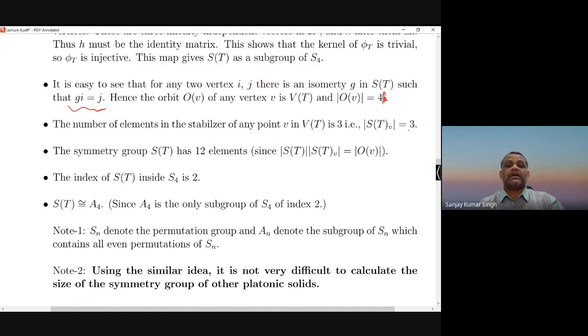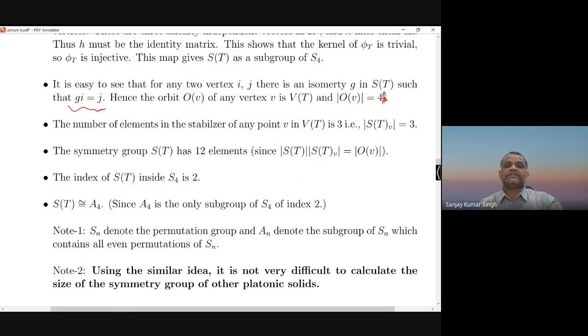Now I will apply my orbit stabilizer theorem. It says that the index of the stabilizer subgroup inside ST is the same as the number of elements in the orbit, and the number of elements in the orbit is 4, and this is basically 3, so it will be ST divided by 3 is equal to 4.